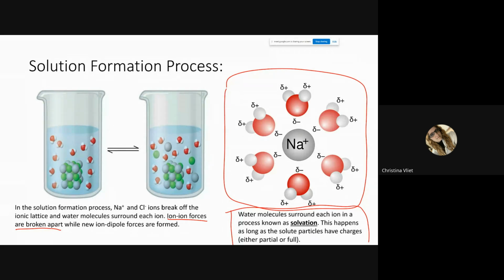Then what we're actually doing at the molecular level is we're applying force to break up these ion-ion forces, and new bonds are forming between water and the ions. These new bonds that are forming, notice there's many of them. So it ends up becoming a strong force, strong enough to be favorable in comparison to the ion-ion connection. We call these bonds, because it's an ion with water, what do we call those intermolecular forces?